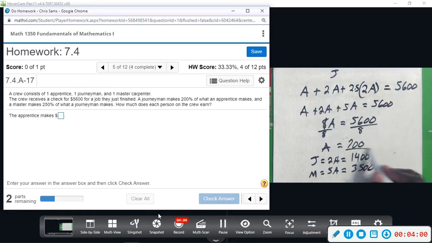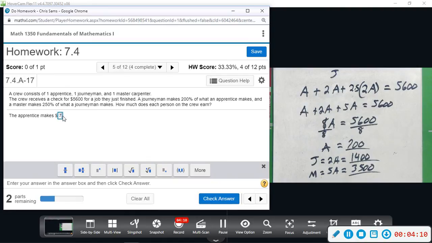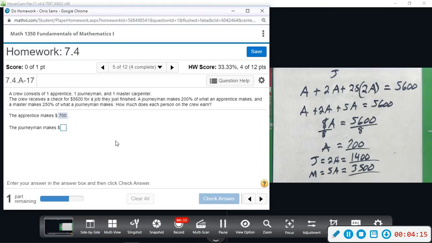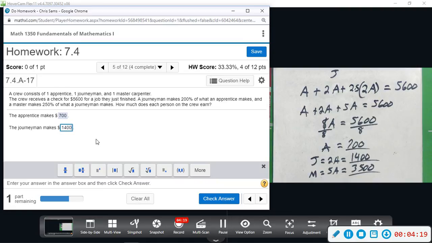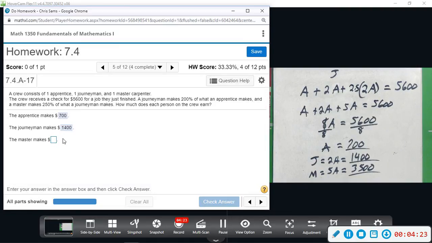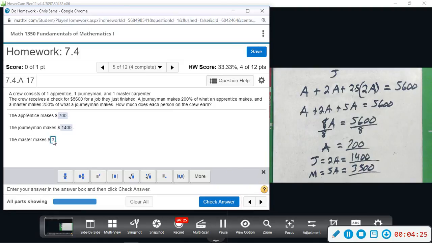So these are the different amounts of money that each person made. So the apprentice makes 700. The journeyman makes 1,400. And the master makes 3,500.